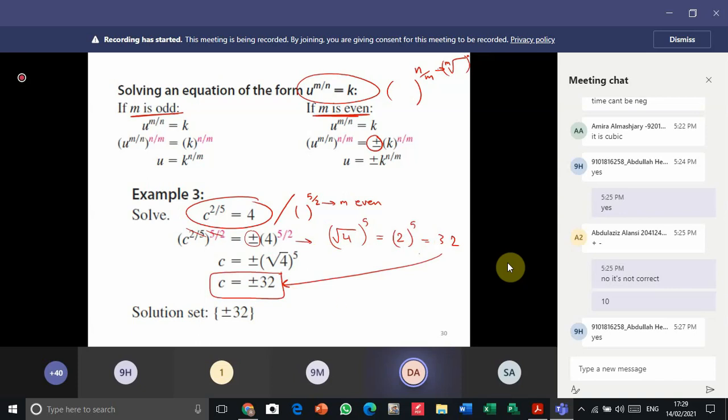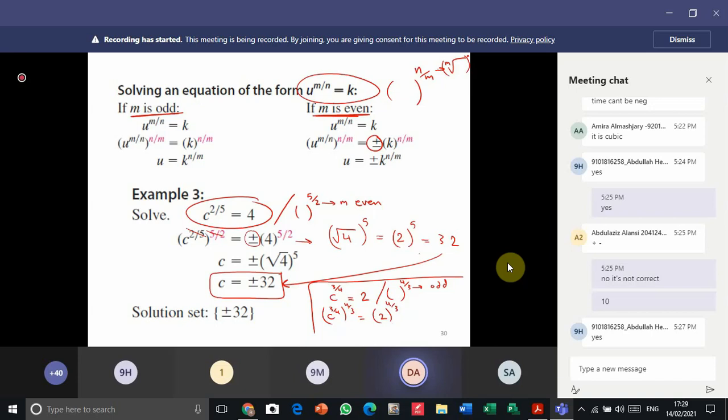Another example, if we have c, another example, 3 over 4 equal, for example, 2. We must take the 4 over 3, but 3 is odd. So we take 4 over 3 for both sides.